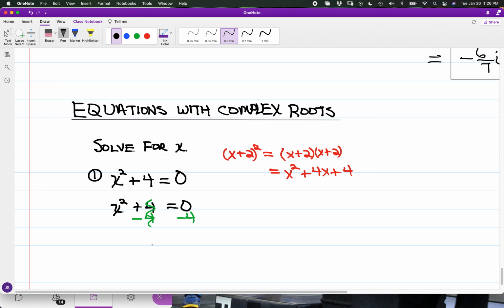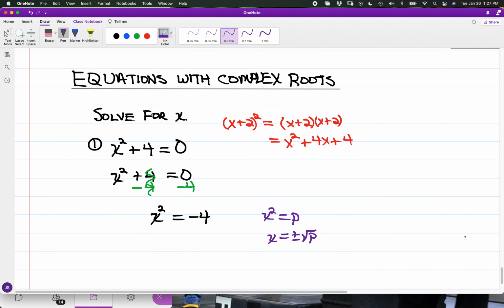So I'm going to have x squared is equal to negative 4. Again, just a little reminder, if I have x squared set equal to p, then we have x equal to plus or minus the square root of p. So here we have p to be negative, in this case negative 4.